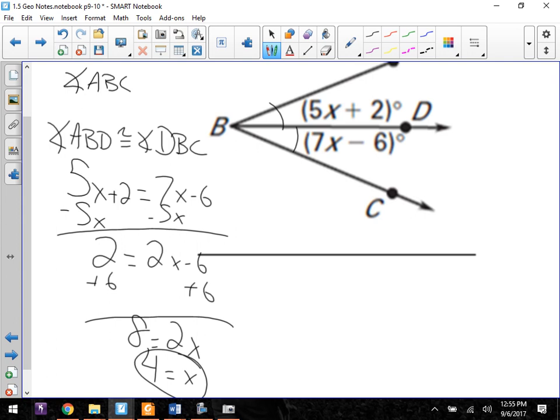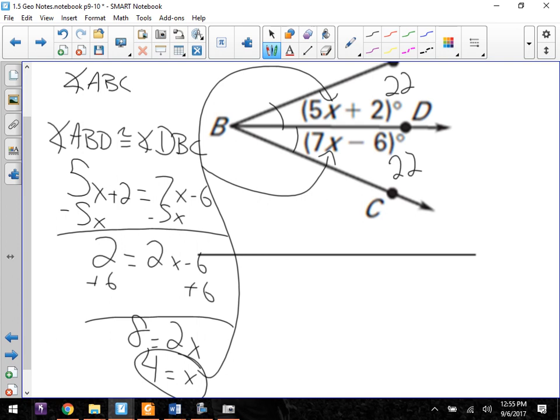I think the instructions said to find both angles. Well, I know what x is. What do I do with it? Exactly. If I substitute back in here, and here, with any luck, we get the same number. If we don't, we screwed it up. So 5 times 4, 20 plus 2, 22. 7 times 4, subtract 6. 22 and 22 is?